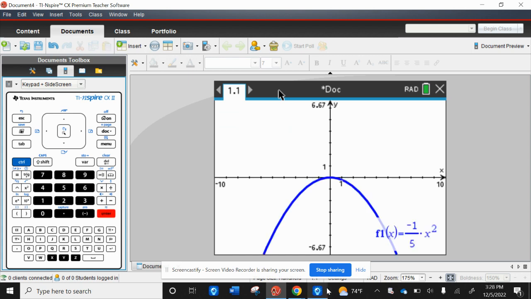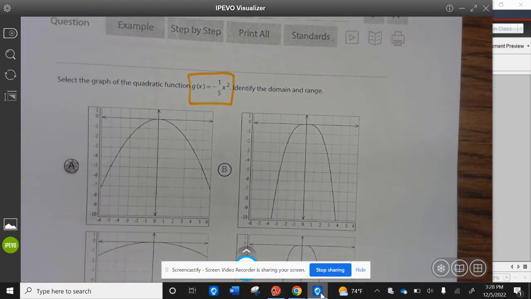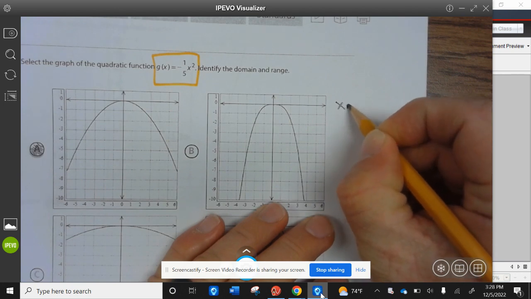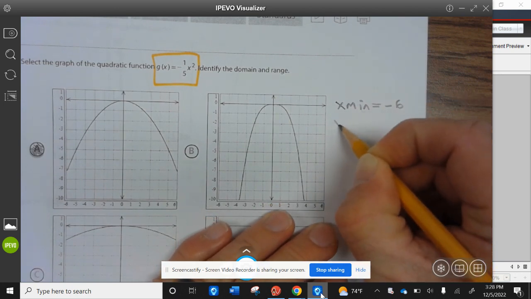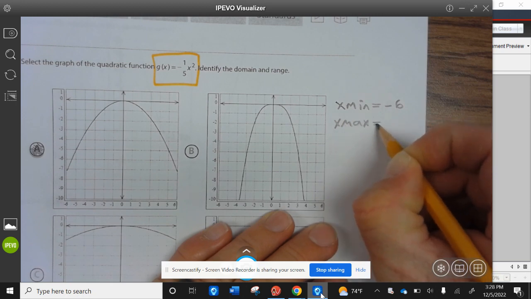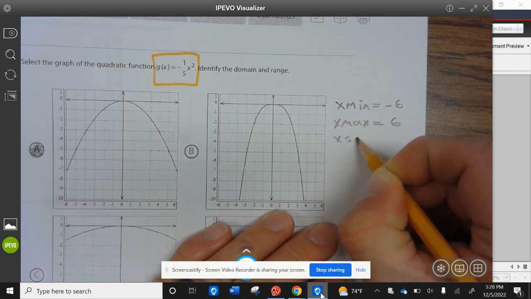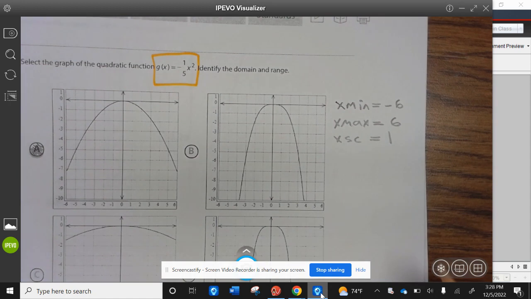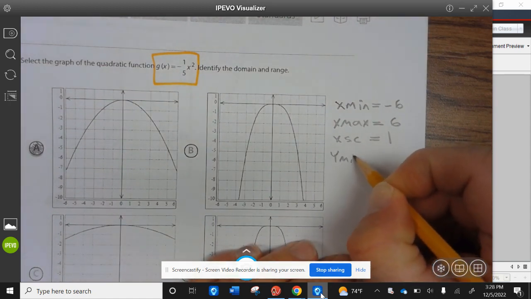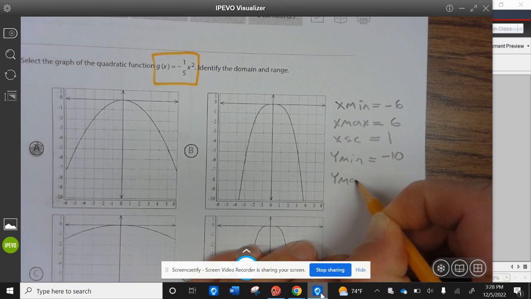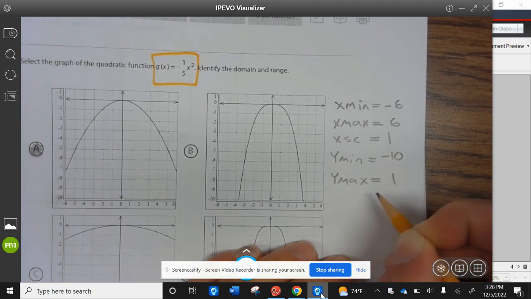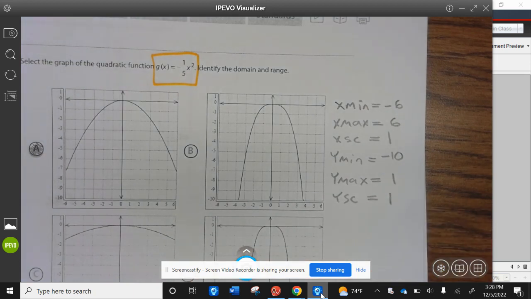Now we need to adjust our window. So our x min equals negative 6. Our x max equals 6. Our x scale is 1. Our y min equals negative 10. Our y max equals 1. And our y scale is counting by ones.